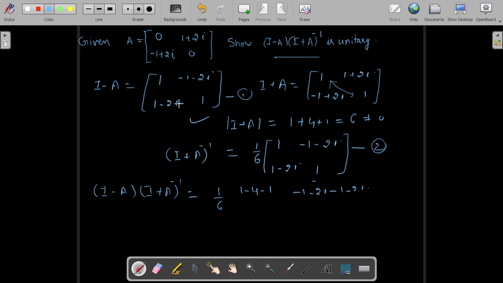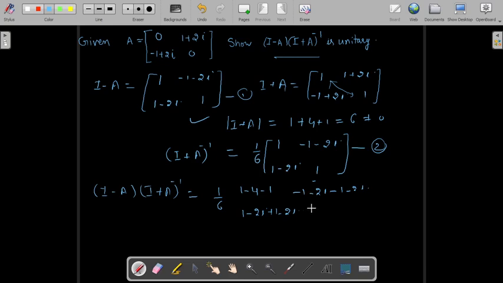Similarly, the second row, first column: 1 minus 2 iota plus 1 minus 2 iota. Next, second row, second column: minus 2 iota minus 1, minus 2 iota plus 1.